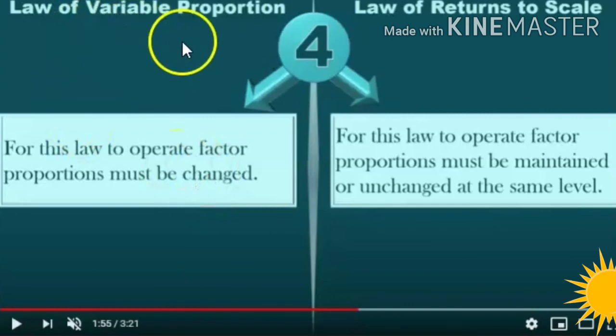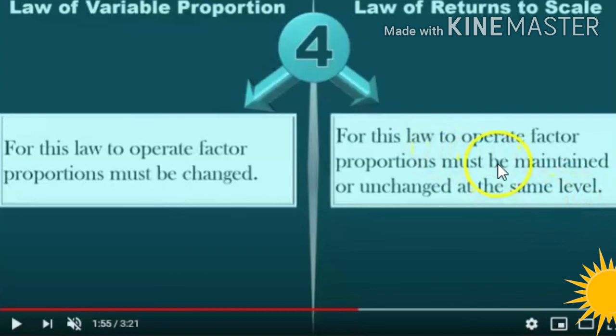So in variable proportion, for this law to operate, factor proportion must be changed. For the law of returns to scale to operate, factor proportion must be maintained or unchanged at the same level.